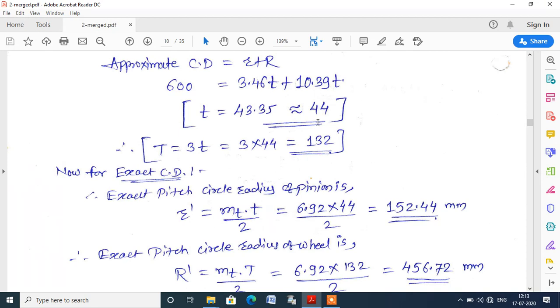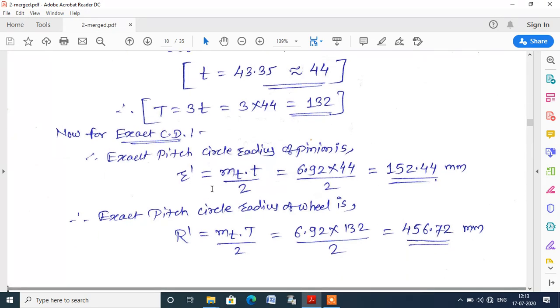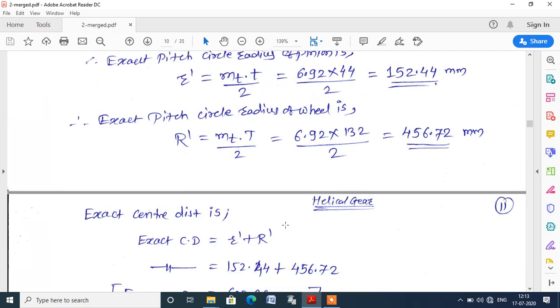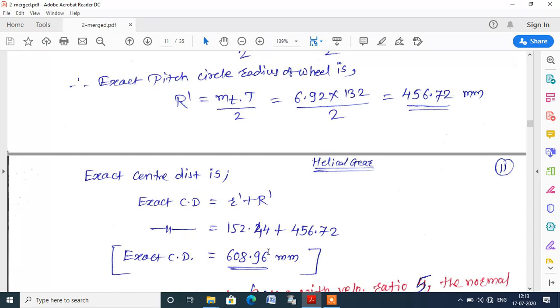So 6.92 into 44 divided by 2 is 152.44 mm. The exact pitch circle radius of the wheel, capital R dash, is mt into capital T divided by 2. So 6.92 into 132 divided by 2 is 456.72 mm. Therefore the exact center distance is r dash plus capital R dash, which comes to 608.96 mm.